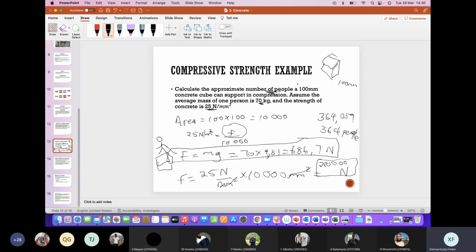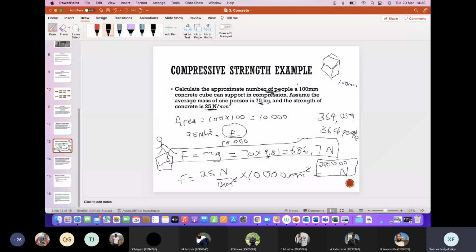That's why you are able to have big construction things, like your shopping complexes or malls, and you're able to support a number of cars. So this is how it's possible, because look at how small that cube is, and look at the number of people, assuming that the compressive strength that we want is 25 newtons per millimeter squared.